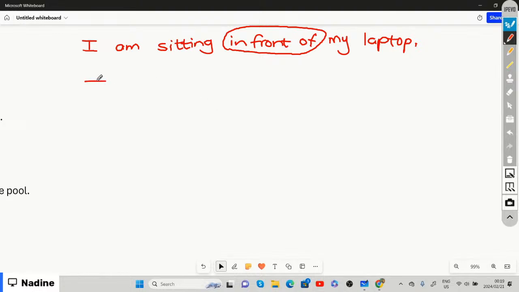So we can say maybe the tablet is in my hand, right? So basically, if we look at that sentence, the tablet is in my hand. So now the question is, where is the tablet?